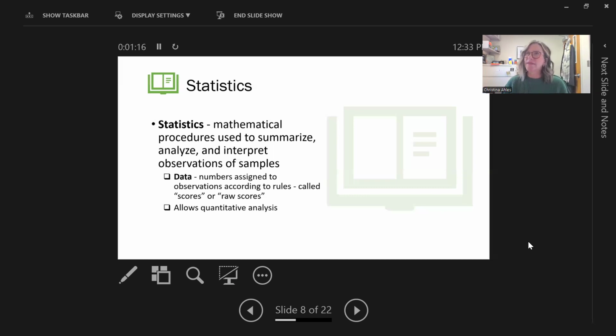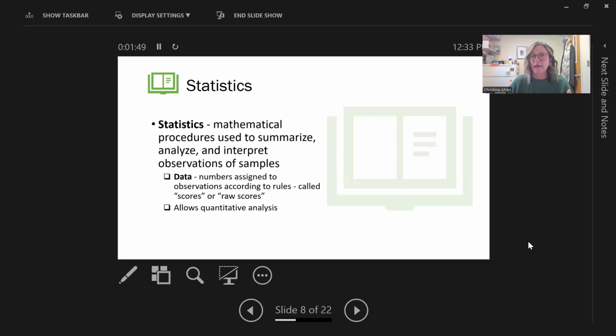So what statistics does is it reports or summarizes observations of data. And data are numbers that have been assigned to certain observations. Data can also be considered scores or raw scores. It allows us to quantify observations. So if I'm observing something out in the real world, I'm going to put a number to that.